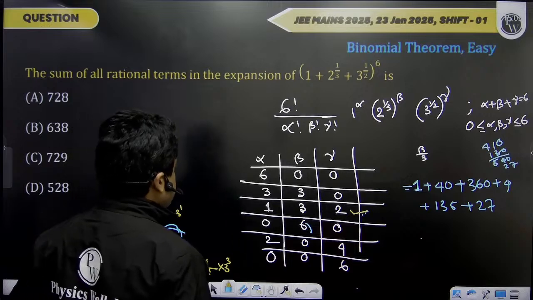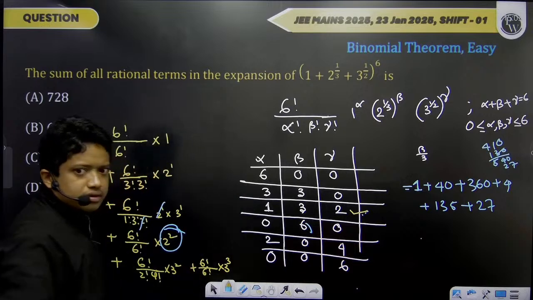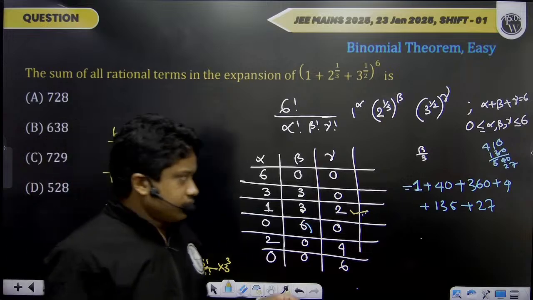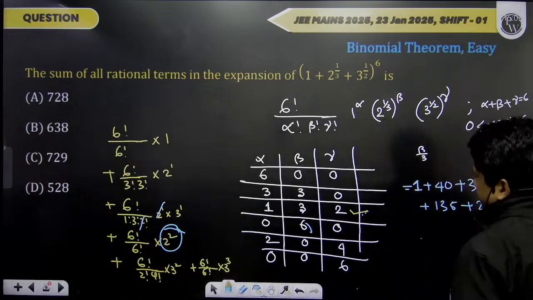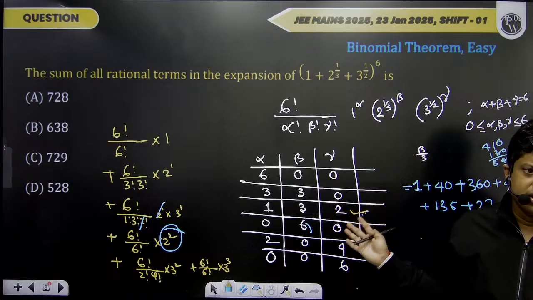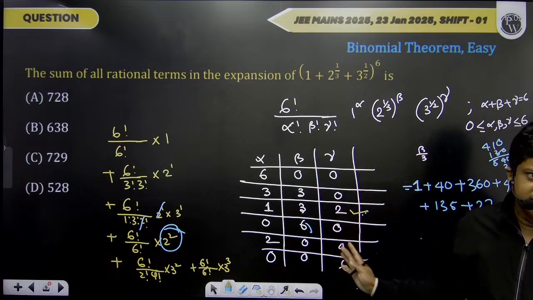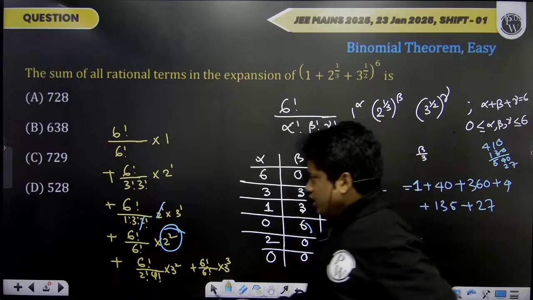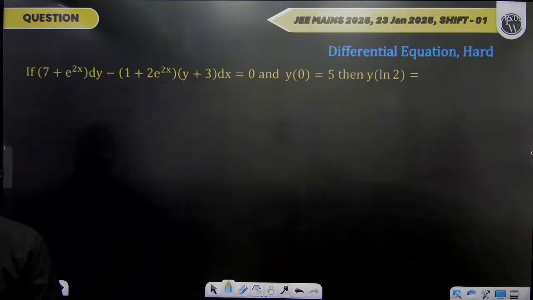It will be 6 by 3. 2 square will come, correct only. So for this question's answer, maybe there is some calculation mistake or a typo error in the question. That is why the answer is not matching. But the method is this. All right, so let's move ahead to the next question.